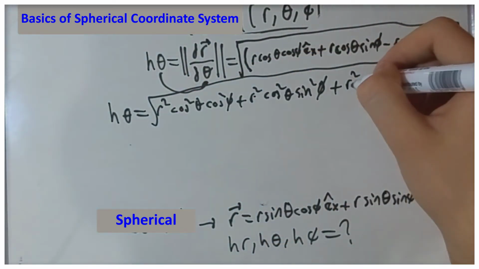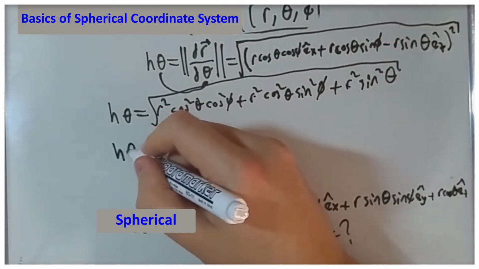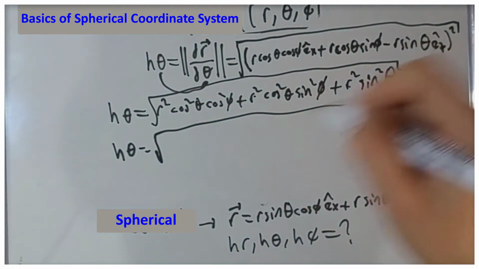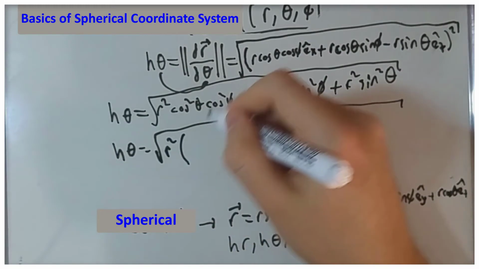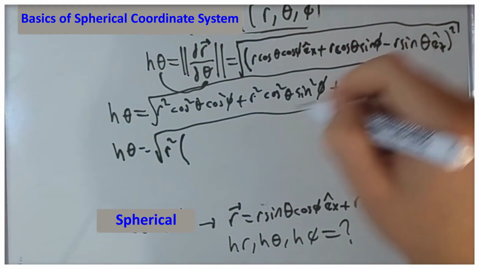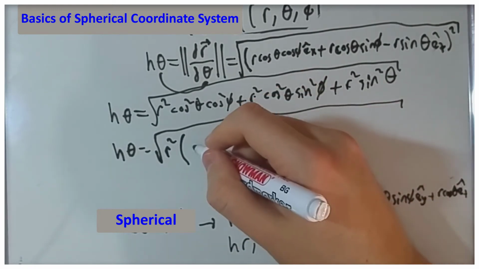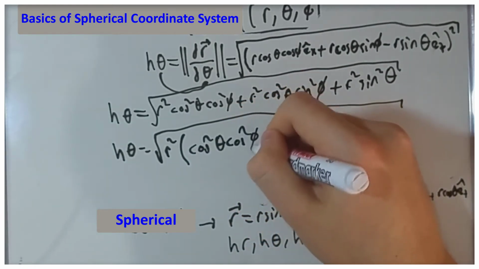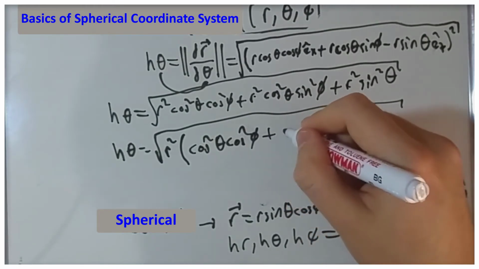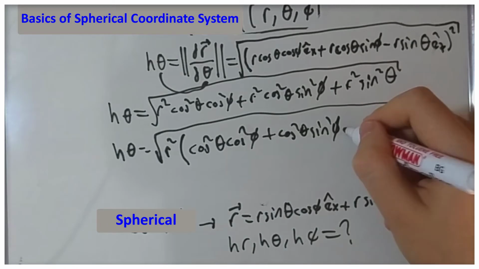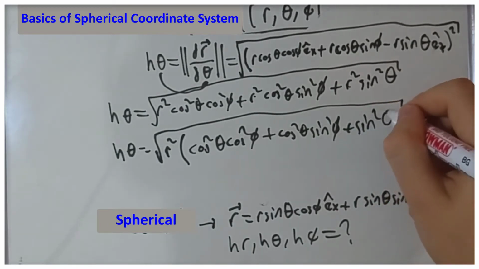Now all of them have r squared, so h theta equals, if I put them all in parentheses, r squared in the root. When I find hr, the remaining lengths will remain the same. So cos squared theta cos squared phi plus cos squared theta sin squared phi plus sin squared theta.